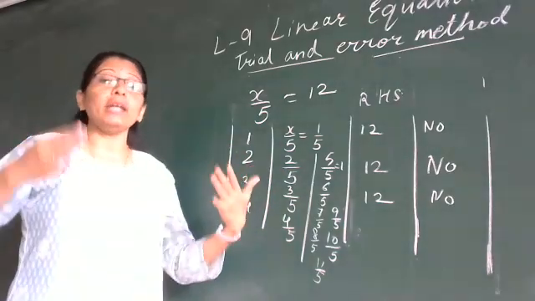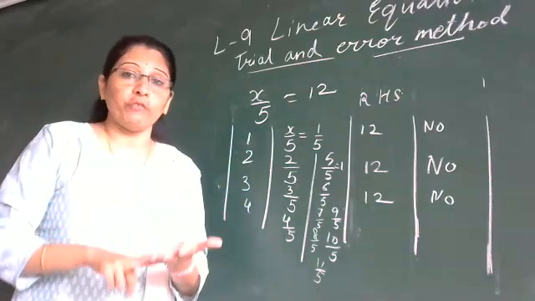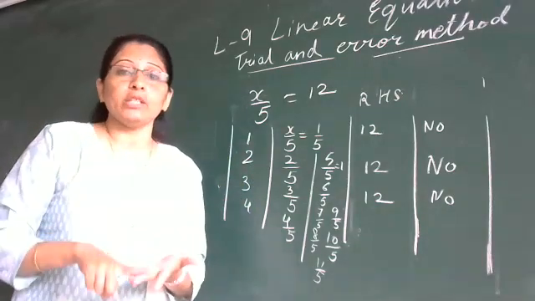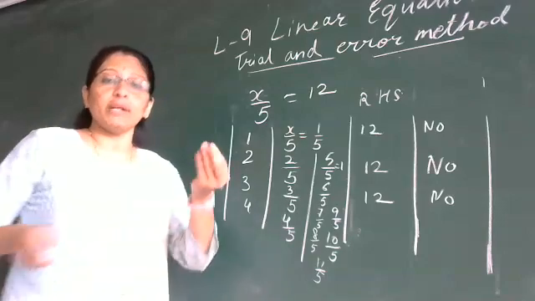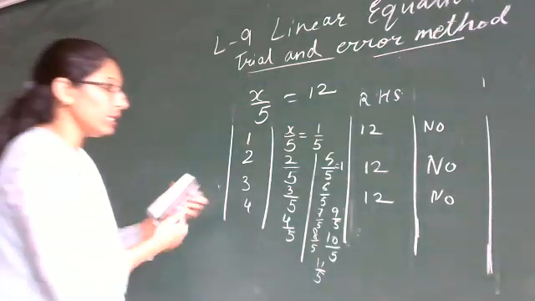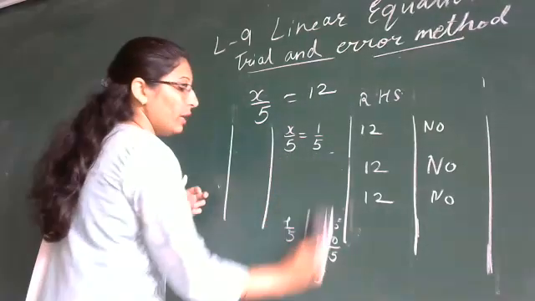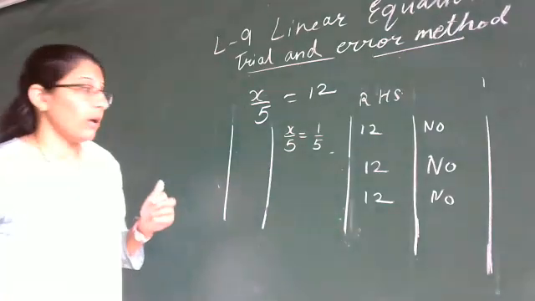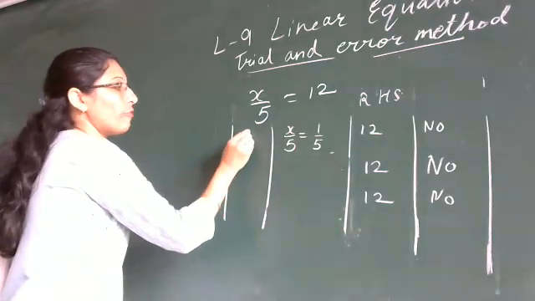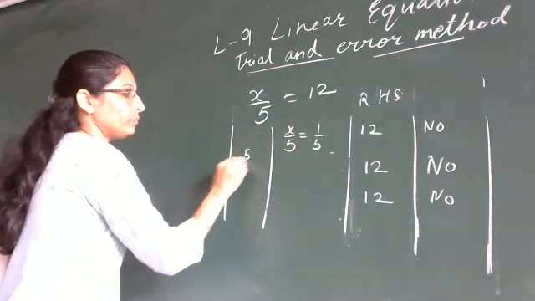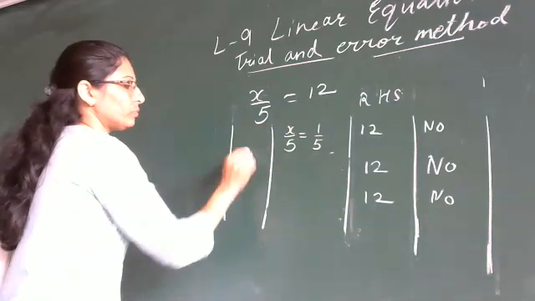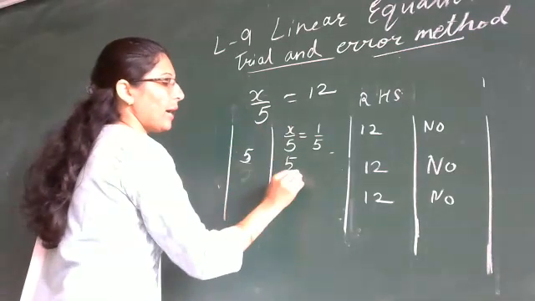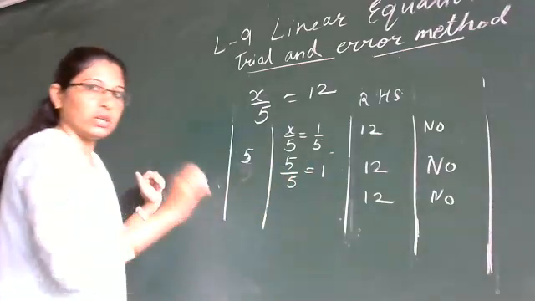We can use multiples of 3, multiples of 2, or multiples of 5 also. Now in this expression, 5 ones are 5, 5 by 5 is 1.